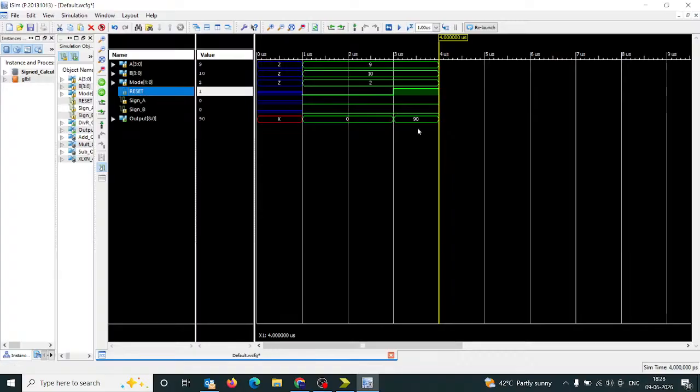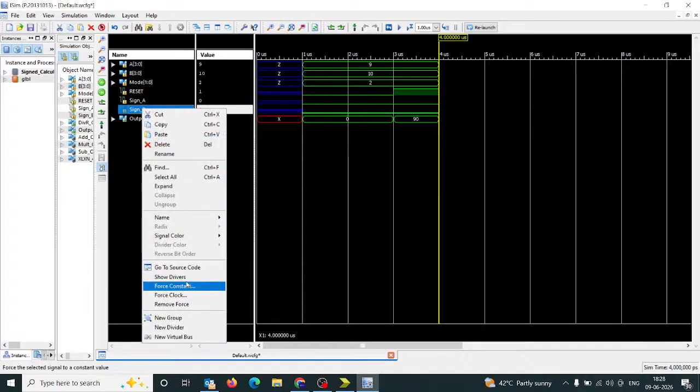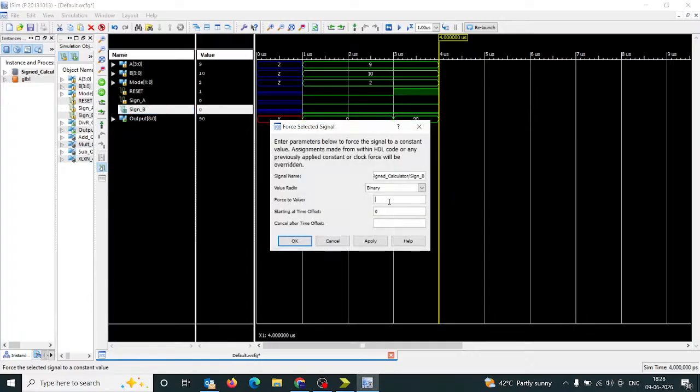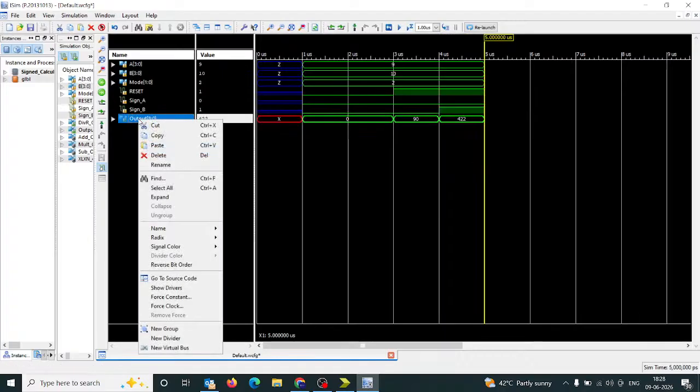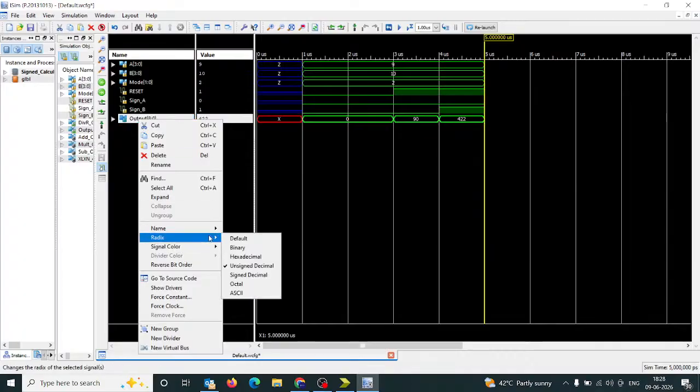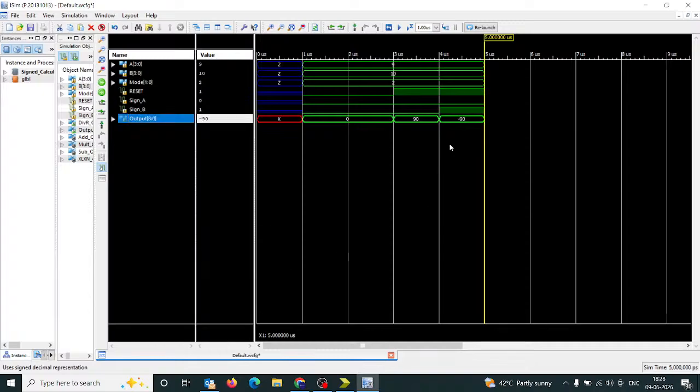See, the output is 90. We got 10 times 9, 90. If I make A positive and B negative, then the output will be minus 90. Sorry, now I have to change the radix to signed, because I'm getting the output as minus. See, minus 90.